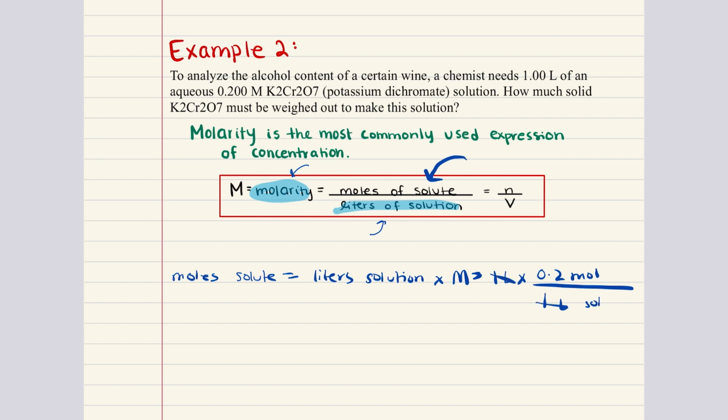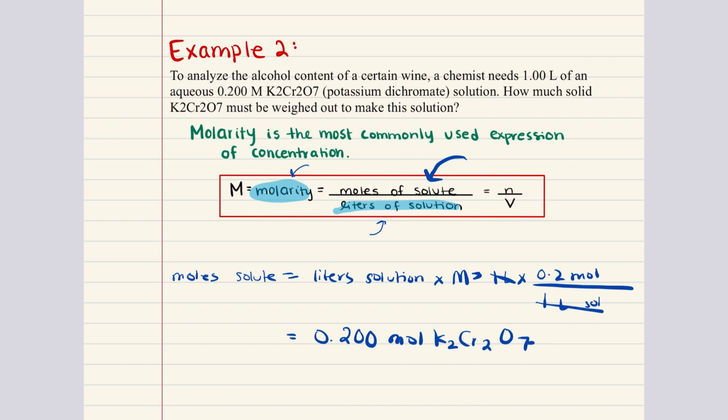Liters of solution cancel out, and we get our moles of potassium dichromate to be 0.200 moles of potassium dichromate. Okay, now that we have moles of potassium dichromate, we can figure out grams by converting using molar mass.